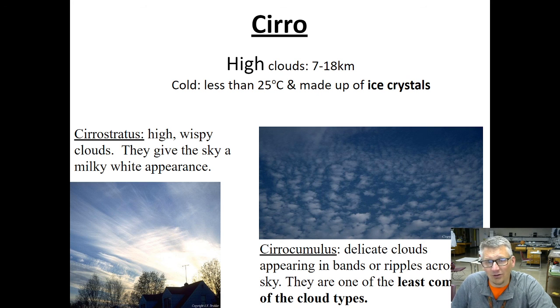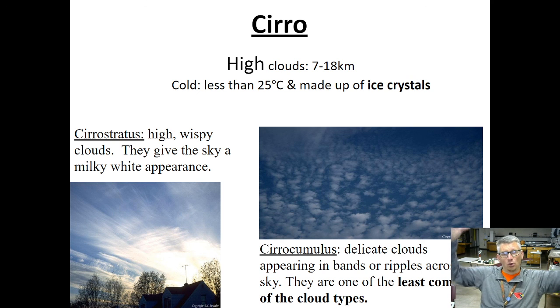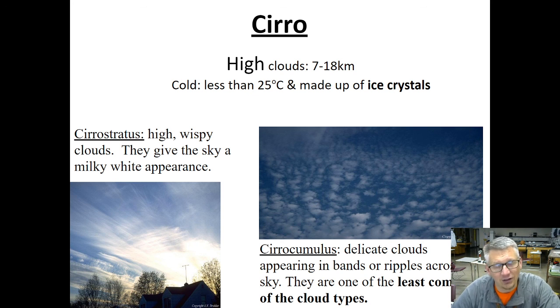That's because in order for a cumulus cloud to form, it has to be vertically forming. That air at one point in time was down below, and it made it all the way up that high for that to form. So cirro is high, cirrostratus is high and flat, cirrocumulus is high and puffy.